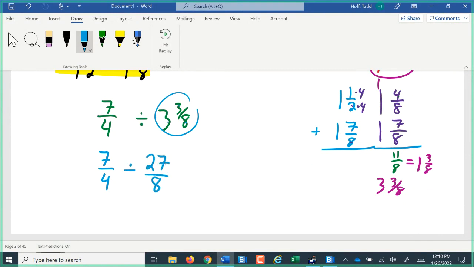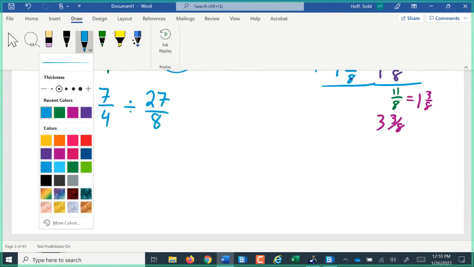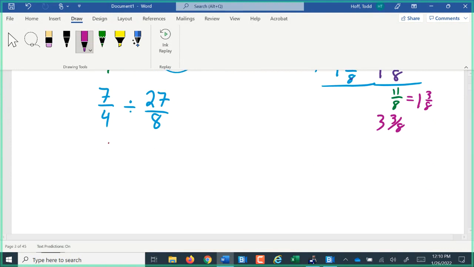Still division at this point. Division then, I multiply by the reciprocal. Remember, the first fraction doesn't change. The division operates on the number that comes after it. That becomes times the reciprocal of 27/8 is 8/27.